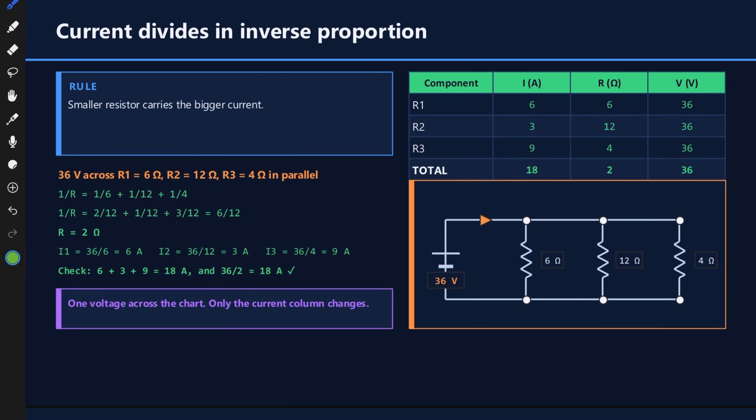So a smaller resistor always carries the bigger current. And what that means is when you're given a parallel circuit, you're given the same voltage.